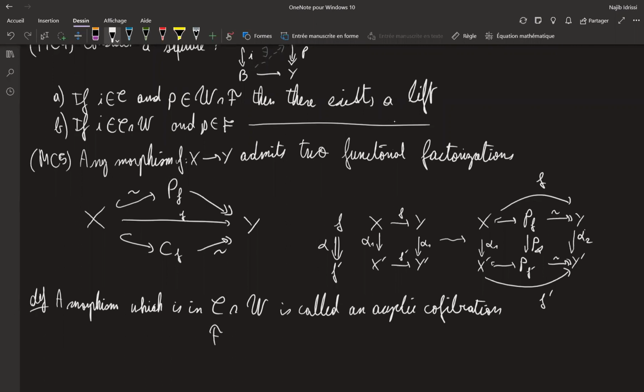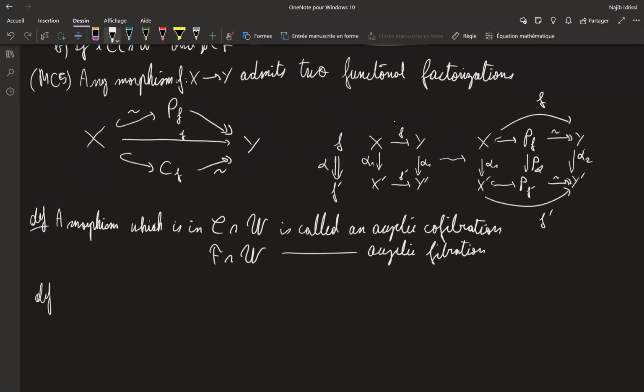And a morphism which is in F intersect W is called an acyclic fibration. So this is just a name for a cofibration or fibration which is also a weak equivalence. As a remark, sometimes people write trivial cofibration and trivial fibration, but it's a matter of preference, I guess. Also, trivial fibration could be confused with trivial fiber bundle, so I prefer this one.